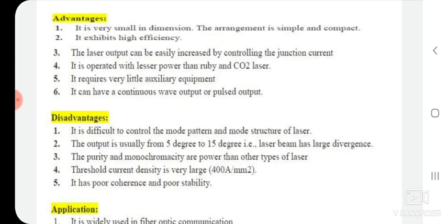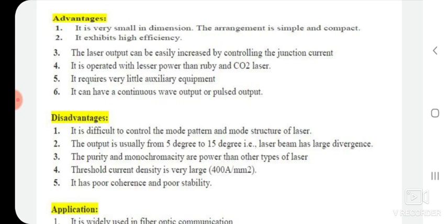This laser has high efficiency as compared to the remaining two lasers we discussed in this chapter. The laser output can be easily increased by controlling the junction current. So it is operated with more power than Ruby laser and CO2 laser.